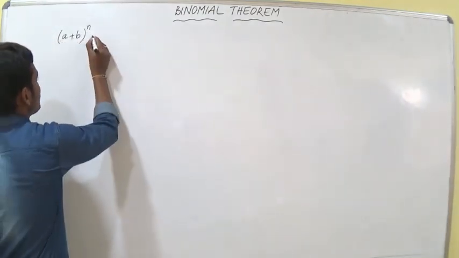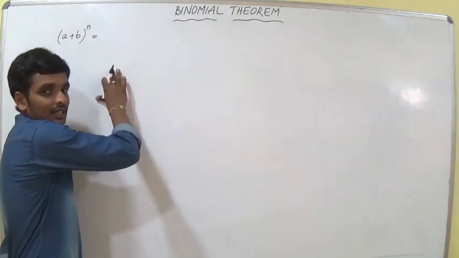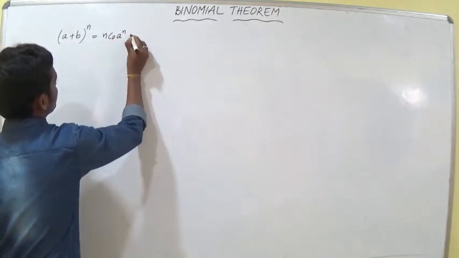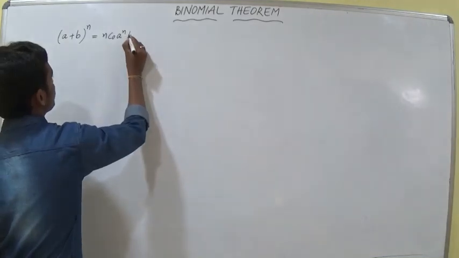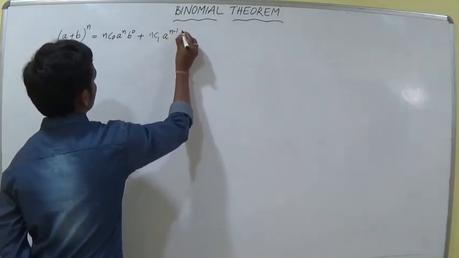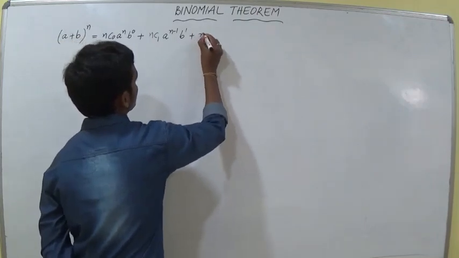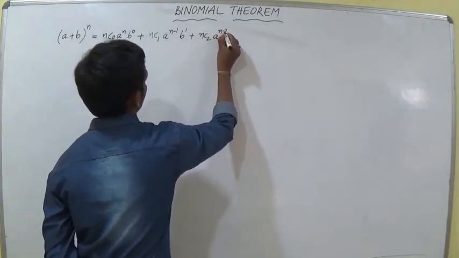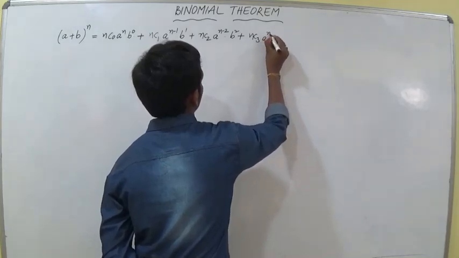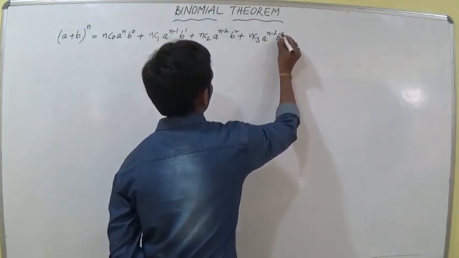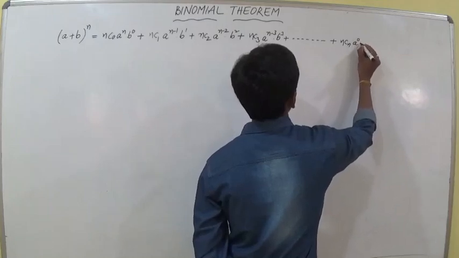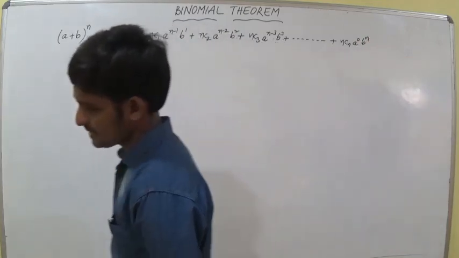We write a plus b whole power n is equal to nC0 a power n b power 0 plus nC1 a power n minus 1 into b power 1 plus nC2 a power n minus 2 b square plus nC3 a power n minus 3 into b cube and so on, plus nCn a power 0 into b power n. This is the general formula.